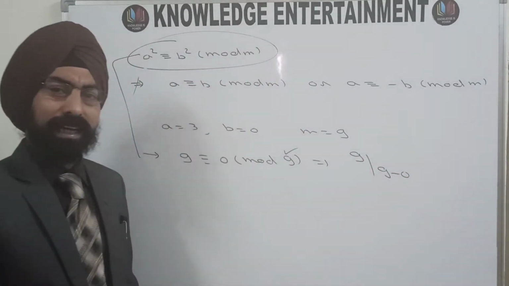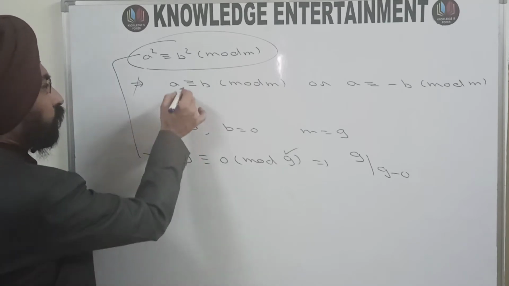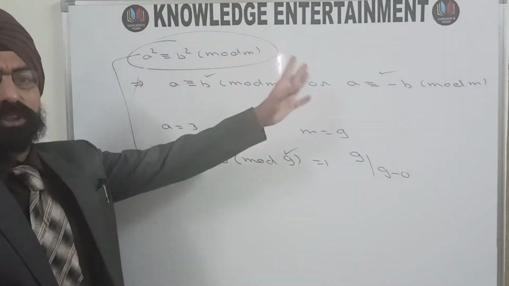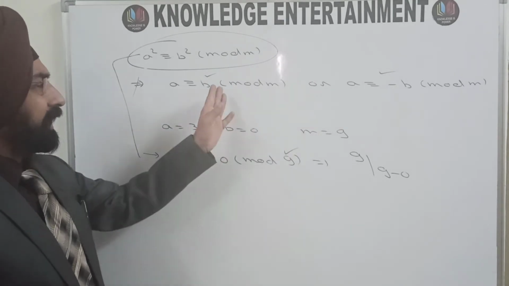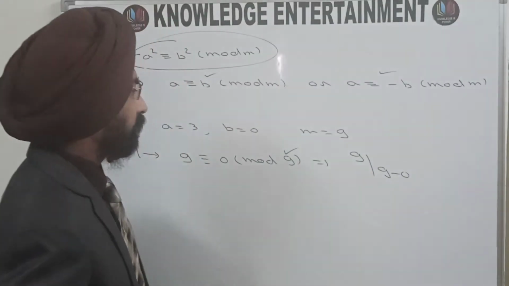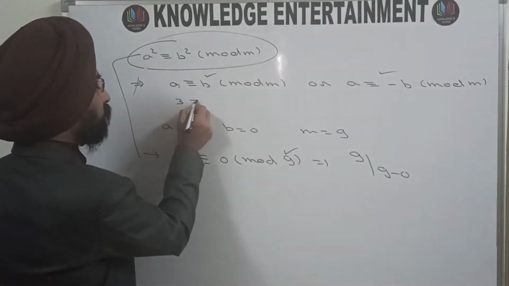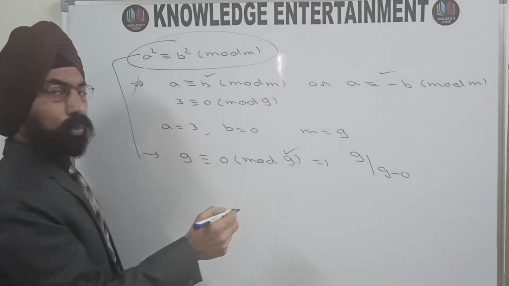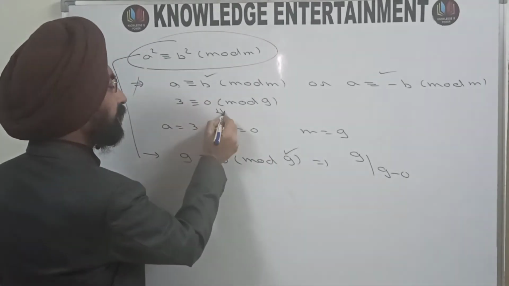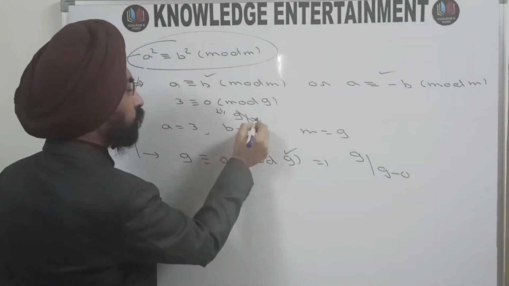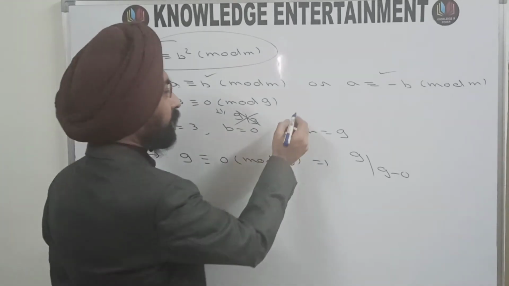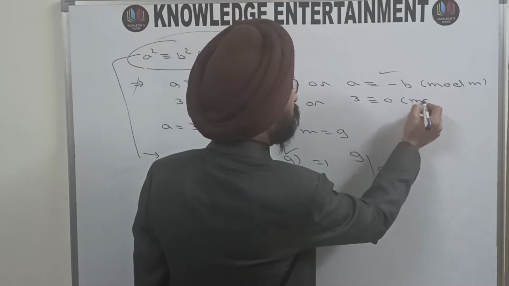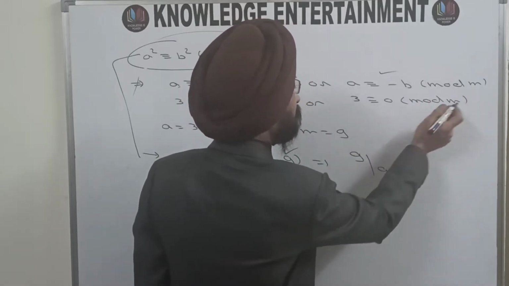That means 9 divides 9. It's okay. But what about these two? Is any of these two true? No. Neither this is true nor this is true. Because 3 congruent to 0 modulo 9 is not true. It gives 9 divides 3, which is not the case. And if you consider the second case, once again, you will get 3 congruent to 0 modulo 9.